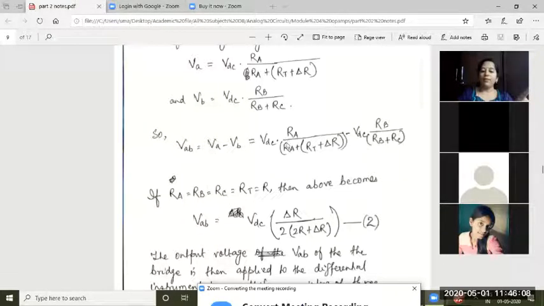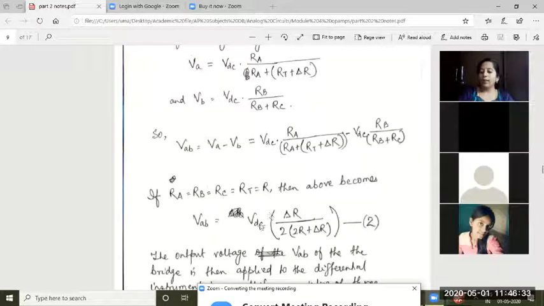Now if I apply that condition in the previous equation, what will happen to the equation? You will get VAB equal to VDC into R divided by 2R plus delta R, minus VDC into R by 2R.